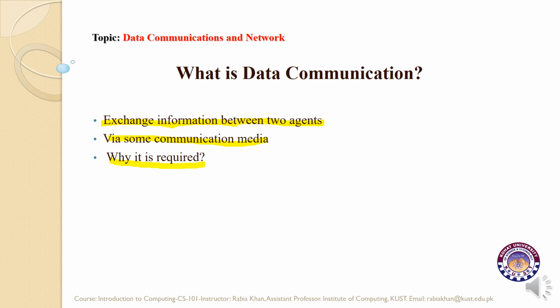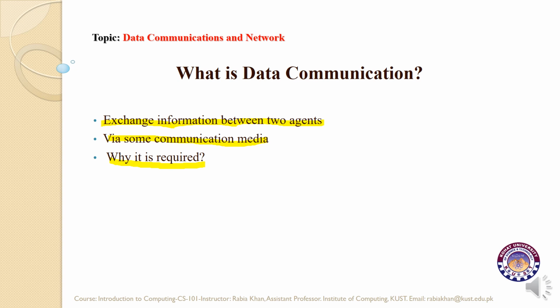When you send a text message on phone to your friend, it's actually a type of data communication. So these are some of the benefits or some of the reasons why we perform data communication. There are many more. You can explore them yourself.